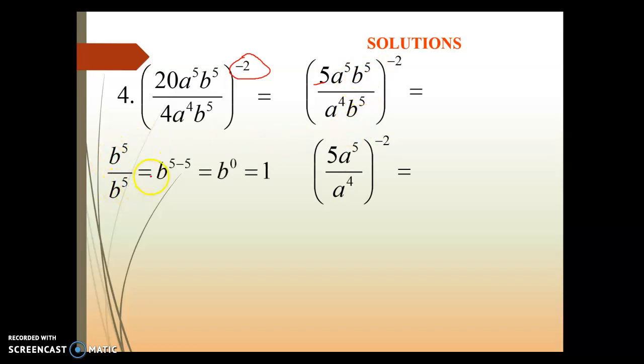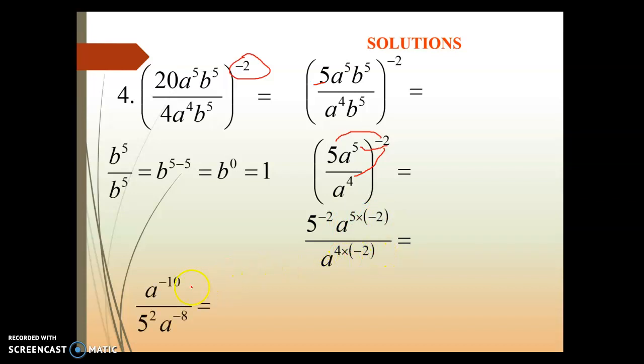B5 over B5 is B to the 5 minus 5, which is B to the power of 0, or equal to 1. And then here you multiply the exponent, so you get 5 to the power of negative 2 and A to the 5 times negative 2, all over A to the 4 times negative 2.